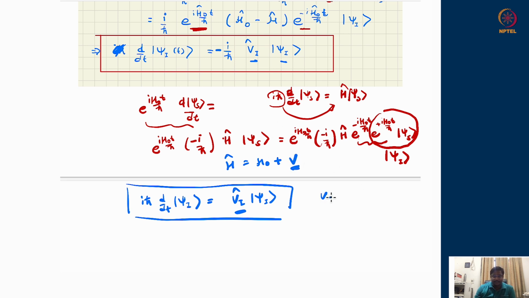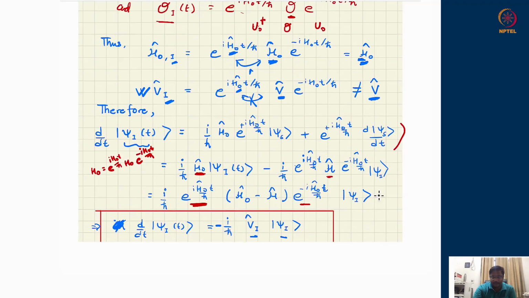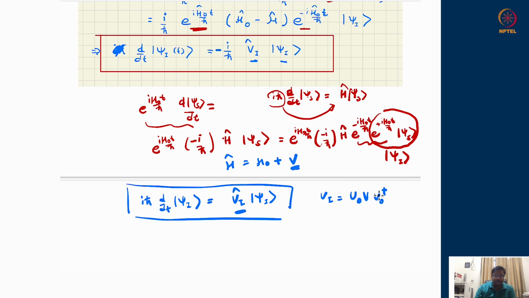Interaction version meaning the potential is squeezed between u naught dagger and u naught. The way we had defined u naught and u naught dagger was the other way, so let me write it once more.